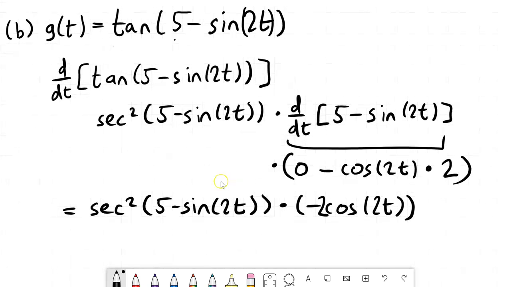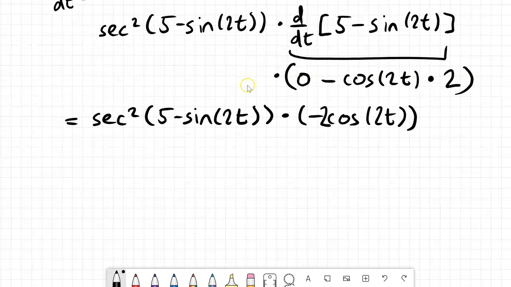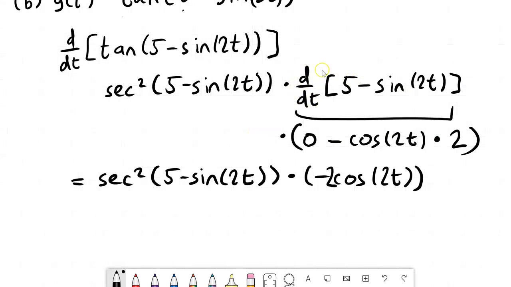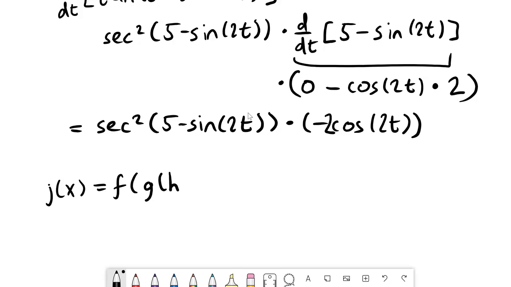So just remember, sometimes we have to use it more than once. And you can do it through this process, right? Just remember this is kind of like an operator. We can also remember it as this. So let's just say J is equal to f of g of h, right?